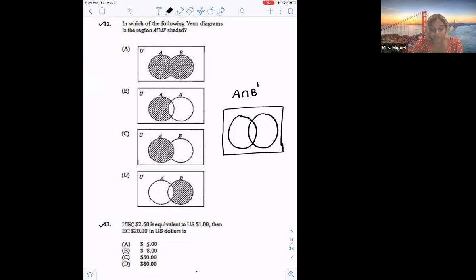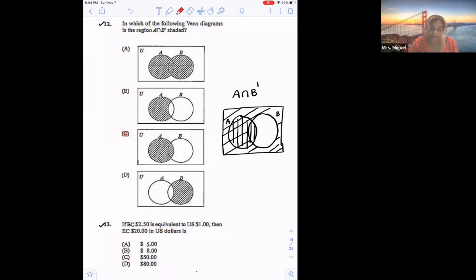You shade everything but B. So this is A and this is B. Right? And then you want to shade A. So the region that represents A intersect B complement is B. No, it's C, sorry. According to my diagram, it is C.